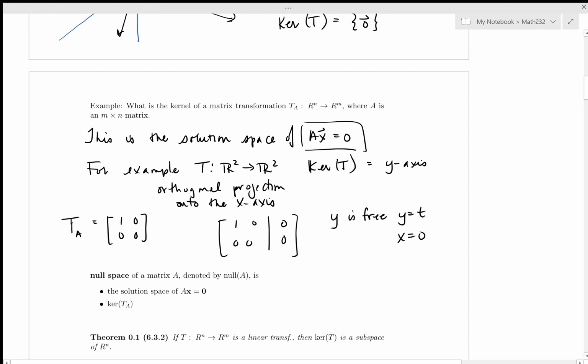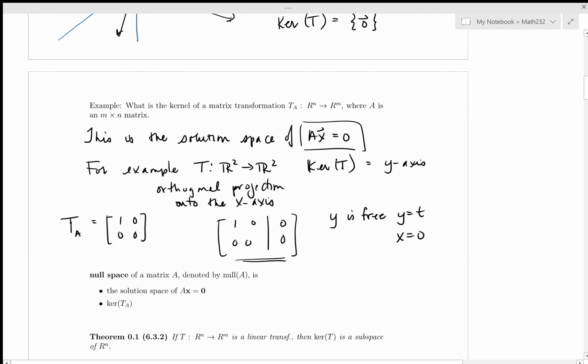So we would conclude that the solution to this augmented matrix, Ax equals b, the solution is x, where we're thinking of x as x and y. x is 0, and y is free, t.